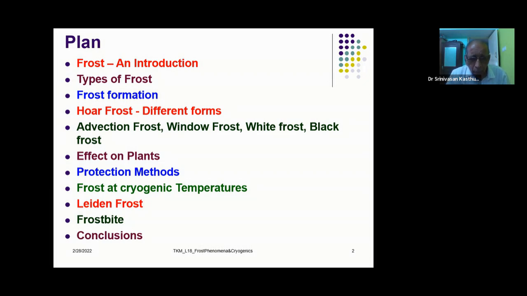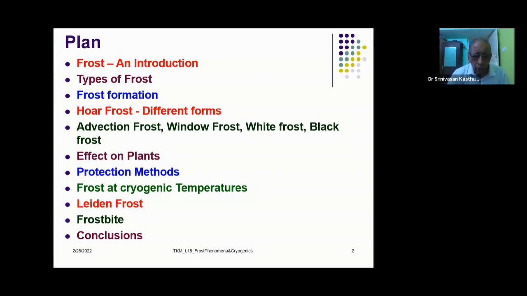And then we have various forms of frost, something called hoar frost, advection frost, window frost, then white frost, and then black frost. These are the different types of frost that occur in nature, and they have a lot of effect on plants.